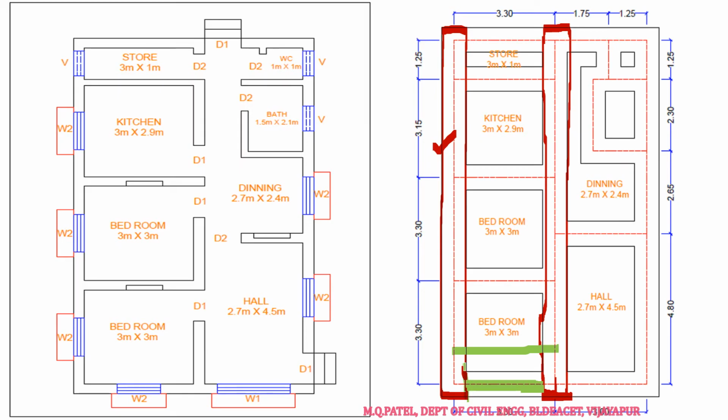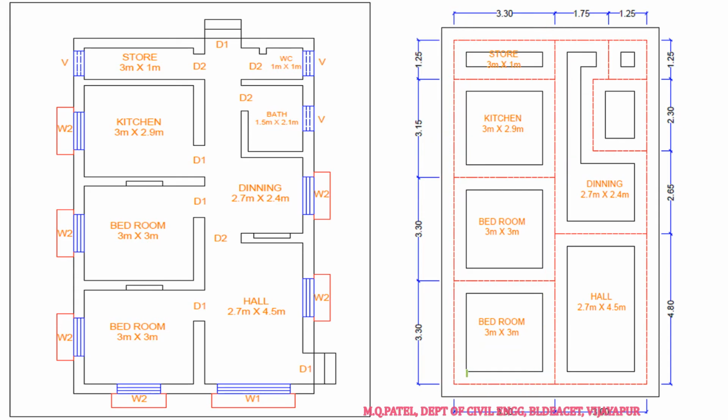So half portion has to be subtracted on the left side, and similarly half portion has to be subtracted on the right side. 3.3 is the center to center distance minus the width of the item. So here minus 0.4 by 2, here minus 0.4 by 2. If you subtract that, this much length you are going to get.